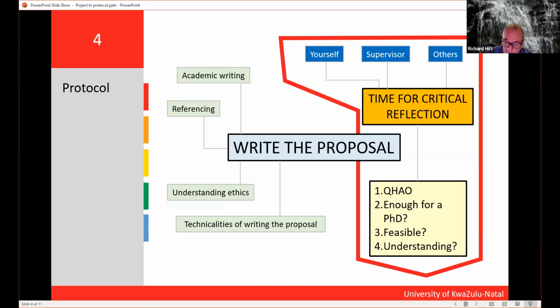Then there's the issue of feasibility. Okay, have you committed yourself to recruiting 10,000 people, which is almost certainly going to be impossible? Have you committed yourself to doing a study that's going to require $5 million US? And so on and so on. And the 4th one is, how well do you actually understand your project?